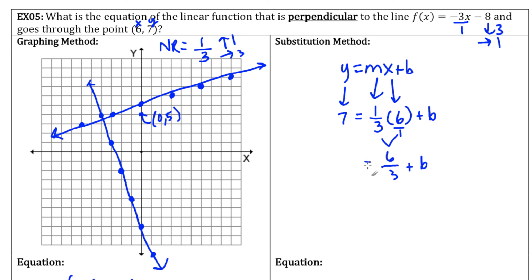And then I have to simplify there. I take away 2 from both sides. And b equals 5.